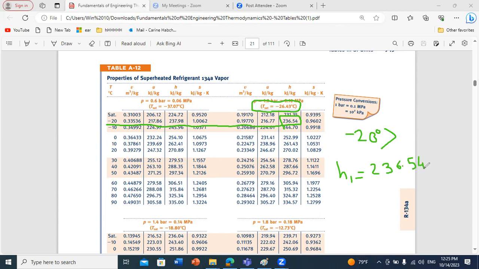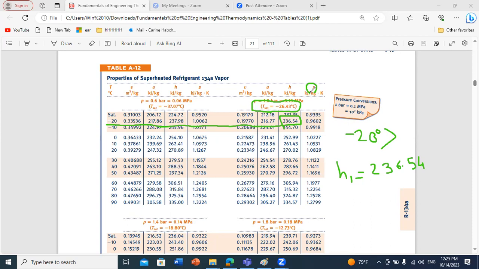In case you need any other property, what do you think we might need now? Entropy, exactly, the entropy S. In general, if they don't give us any information, we can model this process as isentropic, and we say that S at point 1 is equal to S at point 2.